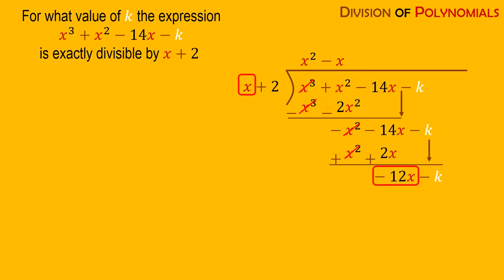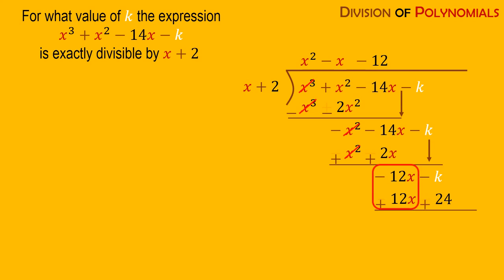Again performing the same step, dividing the first terms. So negative 12x divided by x equals negative 12, and multiplying negative 12 with x will give you again negative 12x, and multiplying negative 12 with positive 2 will give you negative 24. Now subtracting and changing their signs.